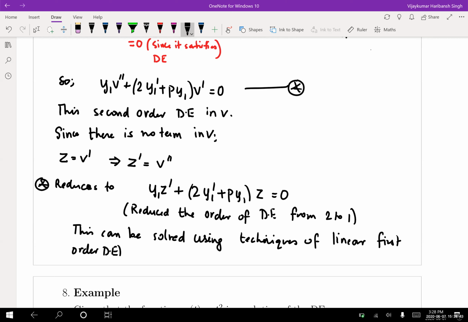What are the tools we have? We have the tools of either separable differential equations or first order differential equations using integrating factors. So you first find z(t) and then integrate z(t) to find v. Let's see an example along this line.